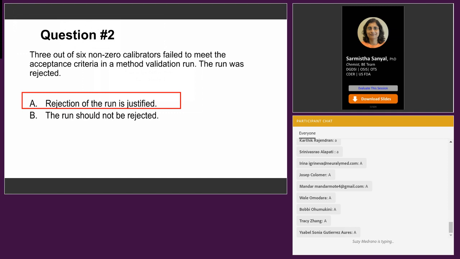Considering that, if 3 out of 6 non-zero calibrators fail to meet the acceptance criteria, that validation run may be rejected. Okay, I think we can move to the next question.